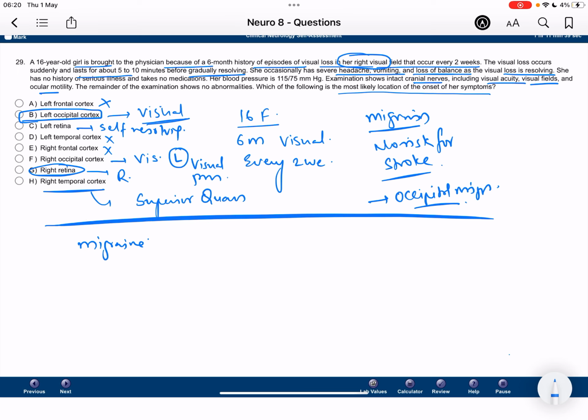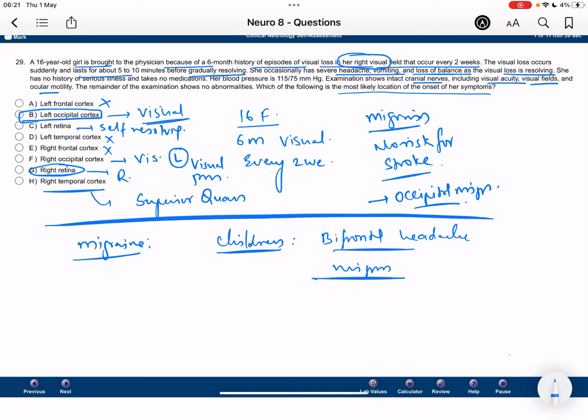When the patient has a diagnosis of migraine, they usually present with headache or any aural symptoms, and then the patient has a gradual resolution of the symptoms. Remember, in children, if the patient has bifrontal headache, you will have to think of migraine.